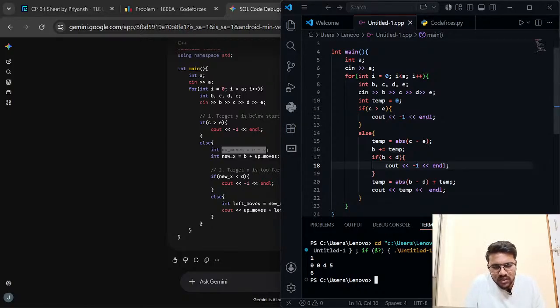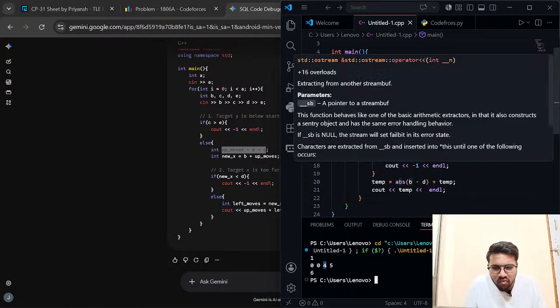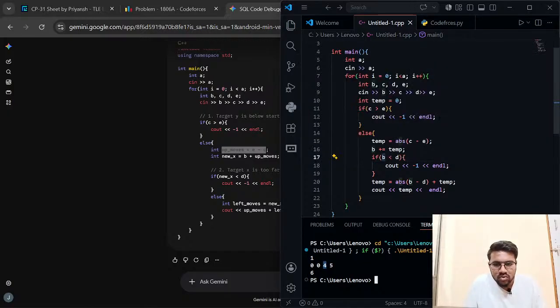Now B plus temp equals 5 because B was 0. It is 5 and D is 4. Is 5 less than 4? No. Then we'll continue.